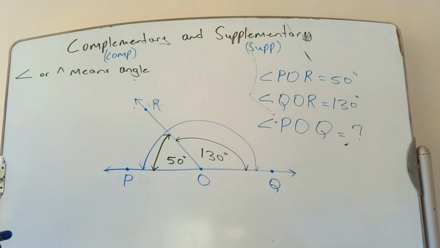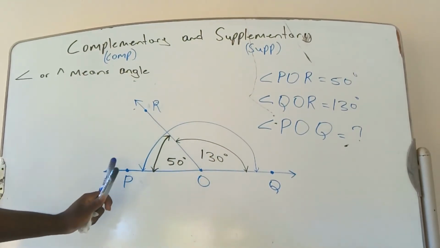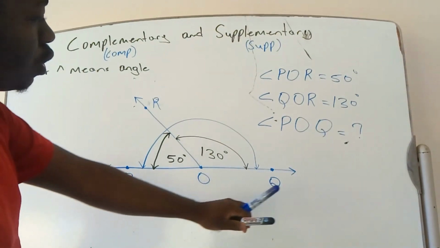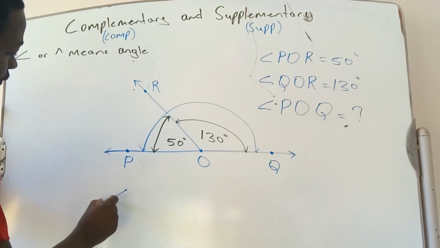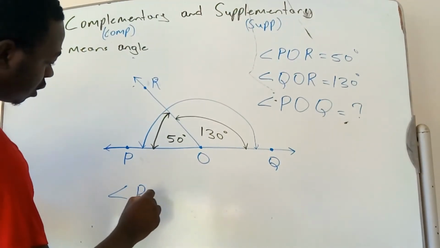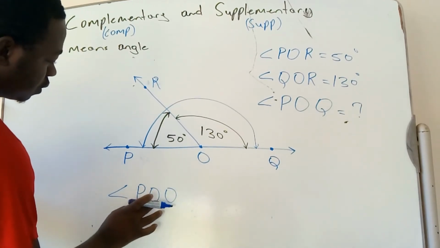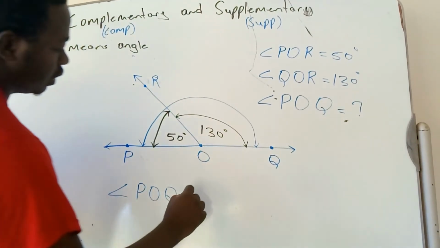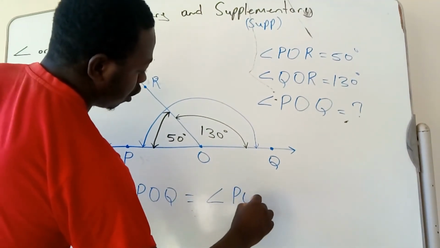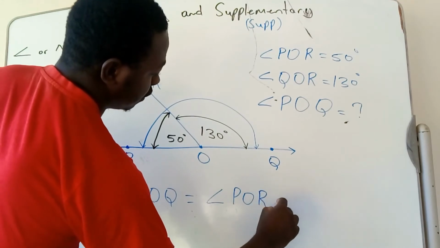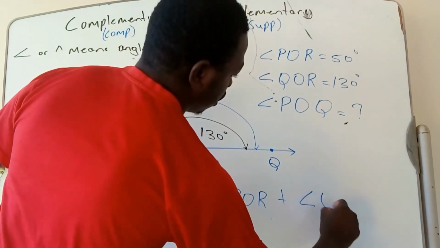Now, we can say that if we add these two values, it seems as if we will get angle POQ. So, angle POQ is equal to angle POR plus angle QOR.